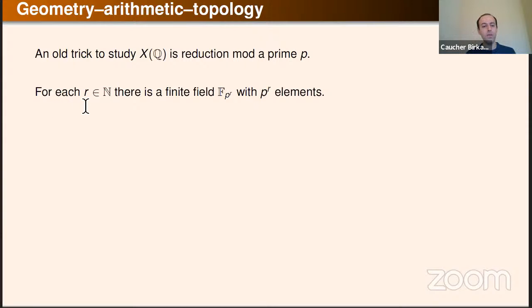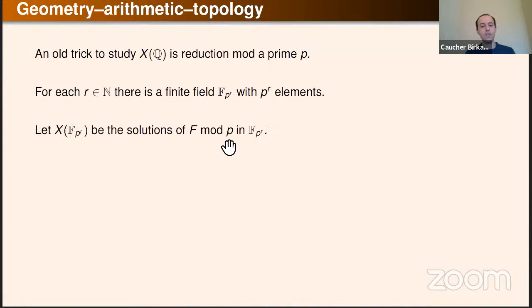Now, for each natural number r, we know that there is a finite field F_{p^r} with exactly p^r elements. For example, we have F_p, which is just the integers mod p, but you have more fields. For every r, you have a field which contains F_p. There are so infinitely many fields here.